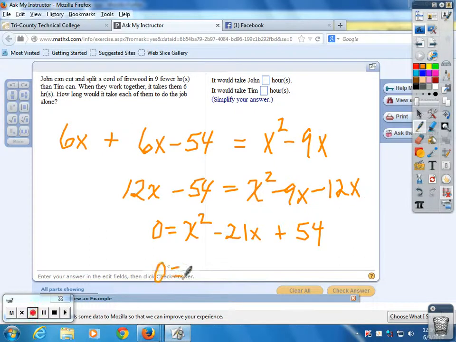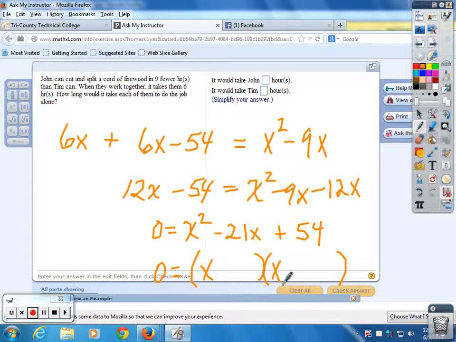0 is equal to reverse FOIL, x and x, and 6 times 9, it's not going to give you 21. You must have done something wrong. 2 times 27.